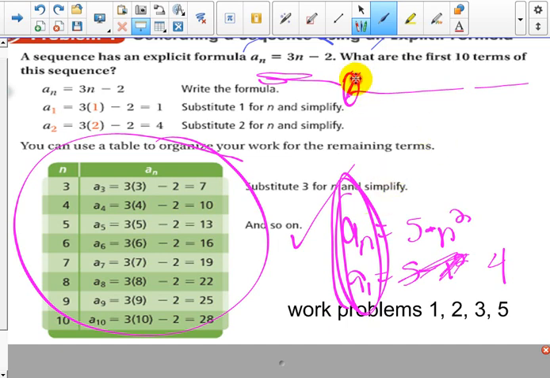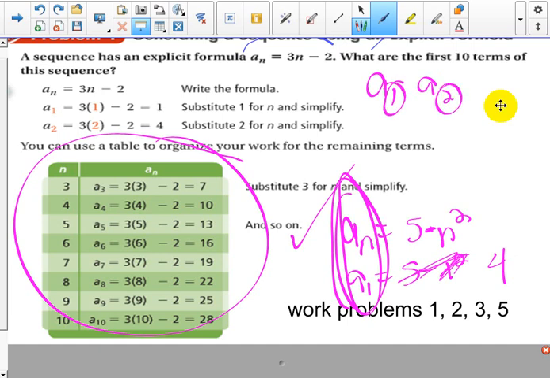So your n is always going to start with 1. What is the first item in the list? What is the second item? So your n's are always going to start with 1 and move up. Whatever math is on the other side of the equation, you've got to insert your n and just solve it. Okay.